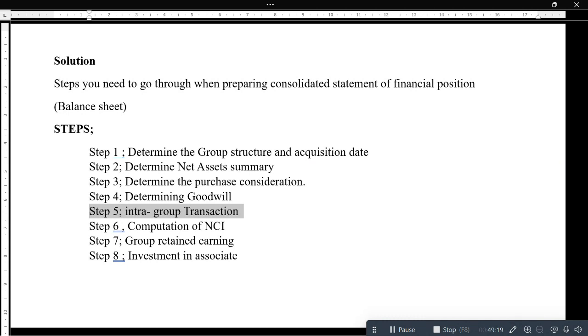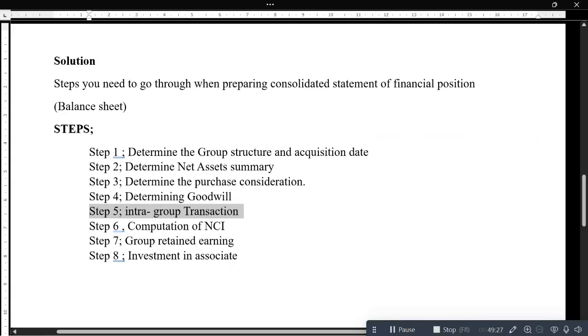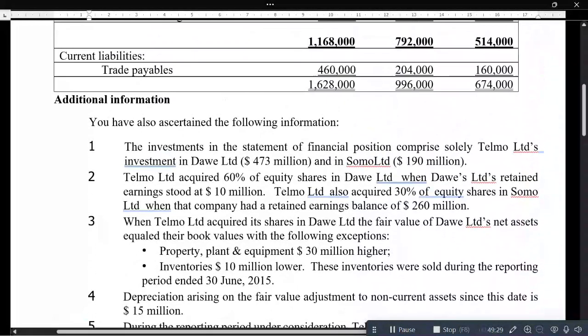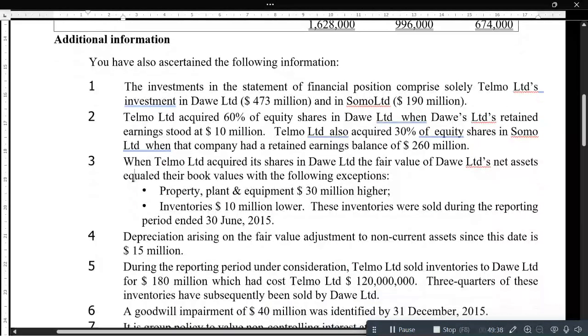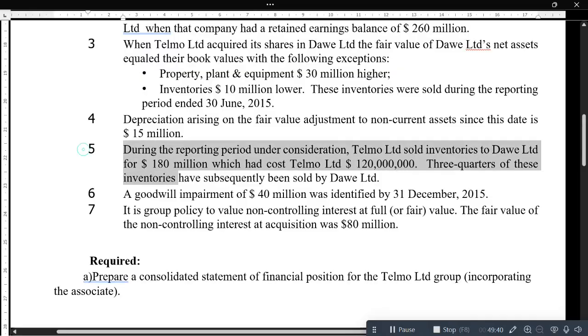Where you find such, you need to do step 5, what you call intragroup transaction. Let's try to look at this. Which note should we check? Note 3? It is not. It is note 5.